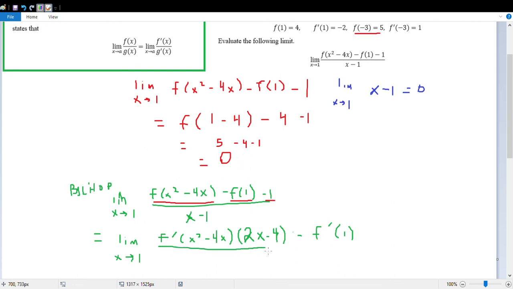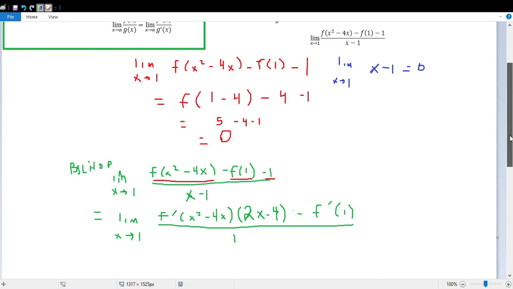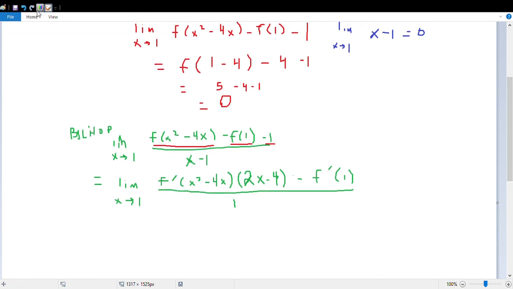Now the derivative of the bottom, the derivative of x is 1, and the minus 1 goes away, so it's just that. So now let's try direct substitution again. Plugging a 1 in for x, I get f prime, and we plugged 1 in here a couple times. 1 squared is 1, minus 4 is a negative 3. So this is just f prime of negative 3.